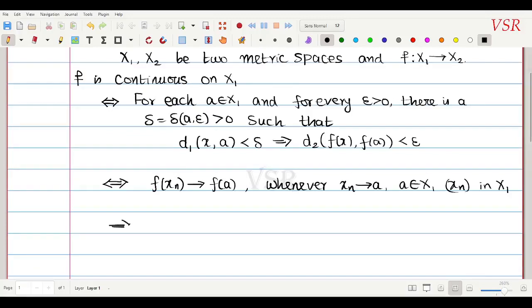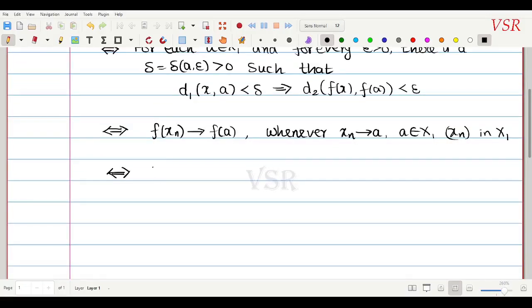Okay, அடுத்த characteristic என்னது அப்படின்னா we are going to show that the inverse image of, I may write like this. f inverse of capital V is open in capital X1 for all V open in X2.